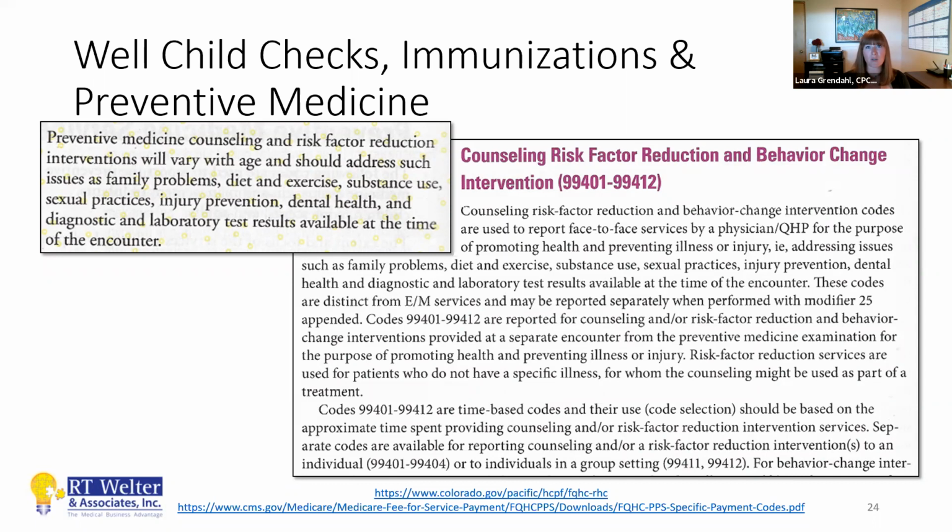So we want to make sure that we're getting those administration codes, or the immunization administration for those additional immunizations. And then we also want to make sure, and this happens so often sometimes, that we forget to actually report for the product. Make sure that we're using those direct codes and actually charging for the use of that product. So really those 3 big takeaways with immunization.